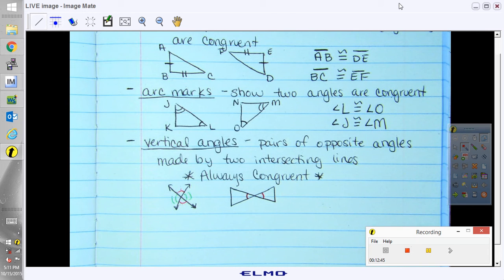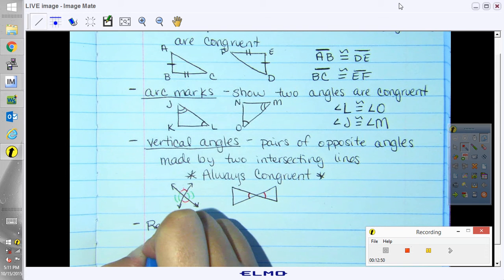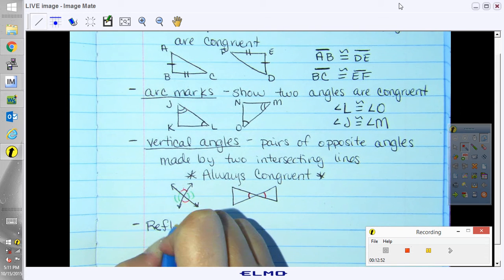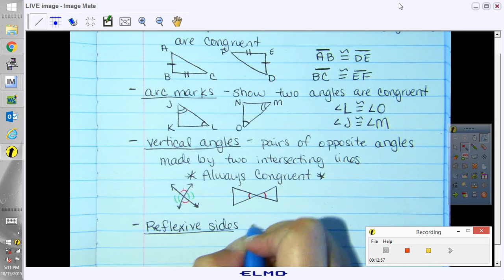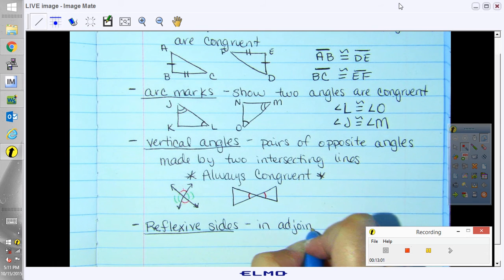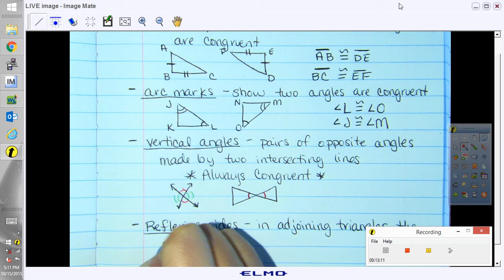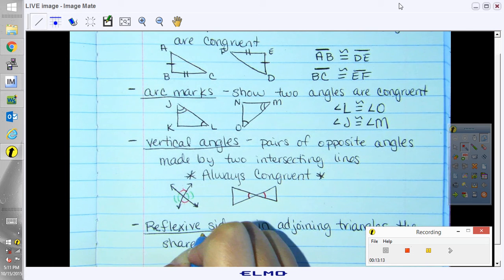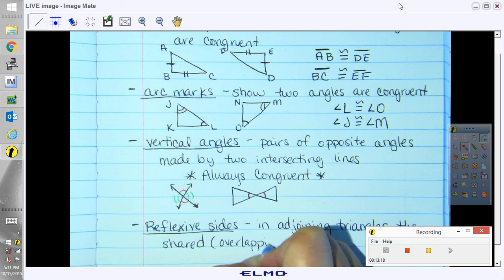Okay? Reflexive sides. And this one is probably the hardest to see. Reflexive sides, in adjoining triangles, are the shared, or sometimes we can think of it as the overlapping or touching side.